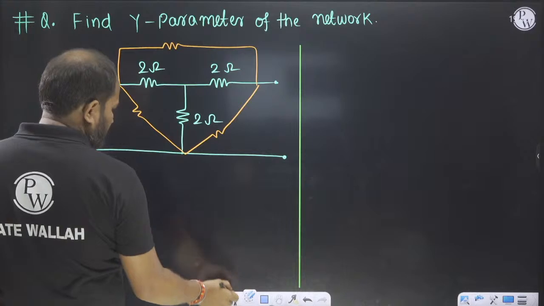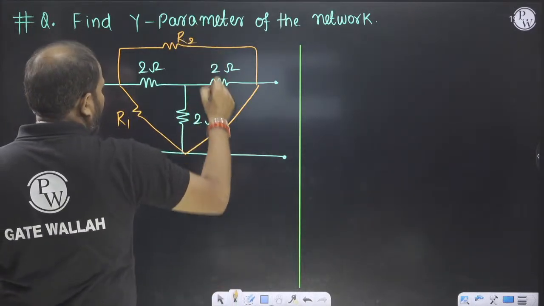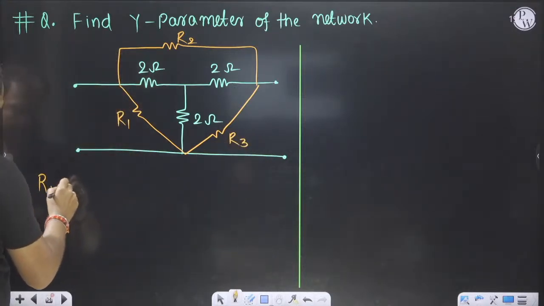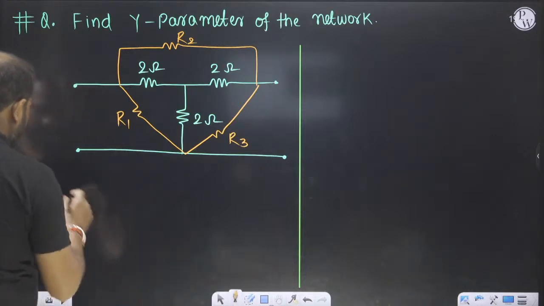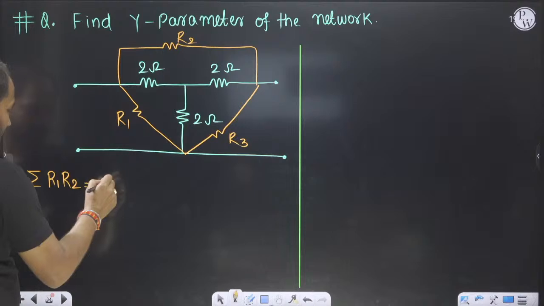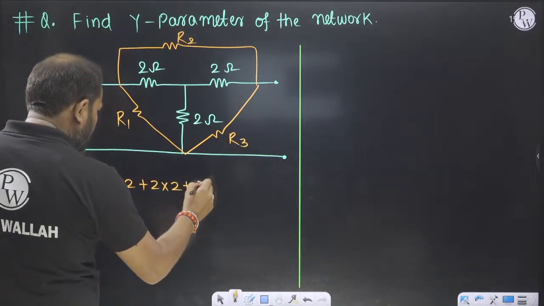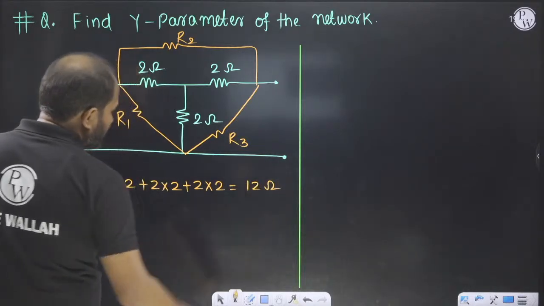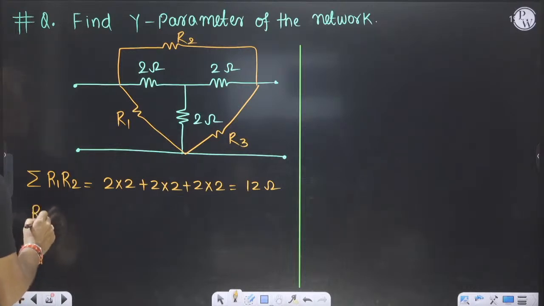You can write that, no problem. The summation of RA RB products is 2 into 2 plus 2 into 2 plus 2 into 2, so it will be 12 ohm.